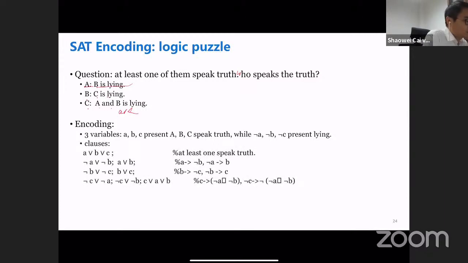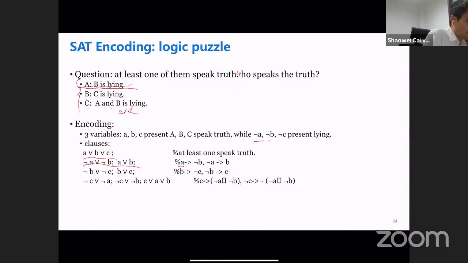When encoding this problem to SAT, we need 3 variables, A, B, C, which represent that A, B, C speak the truth respectively. So not A represents A is lying, and not B represents B is lying. Now we describe this problem as a CNF formula. The first clause says that at least one speaks the truth, and the second pair of clauses corresponds to the sentence of A. A says that B is lying.